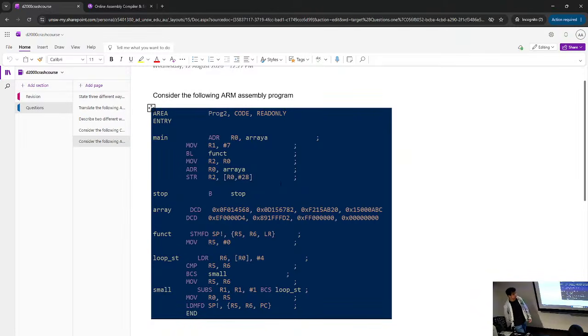Someone asked how similar the code in the exam is going to be to the lab questions, or to the lecture questions, or to this.